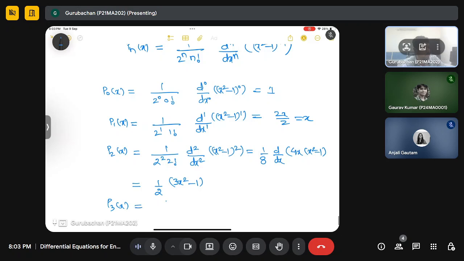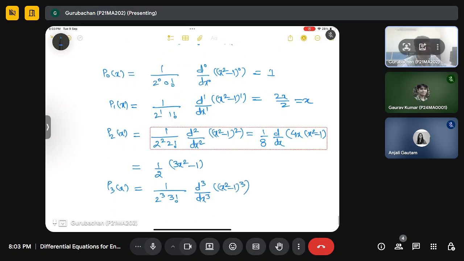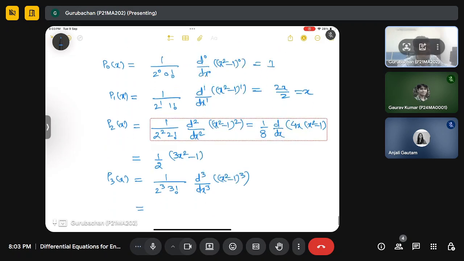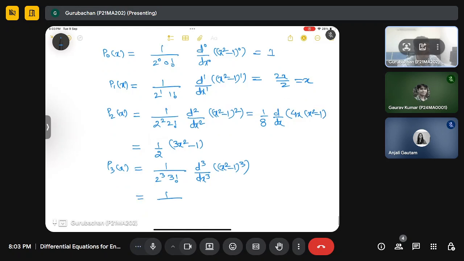Next is P3(x), which will be 1 by 2 cube of 3 factorial, third derivative of this (x square minus 1) cube. So what will be its third derivative? If you solve it, 8 into 6, this will be 48.